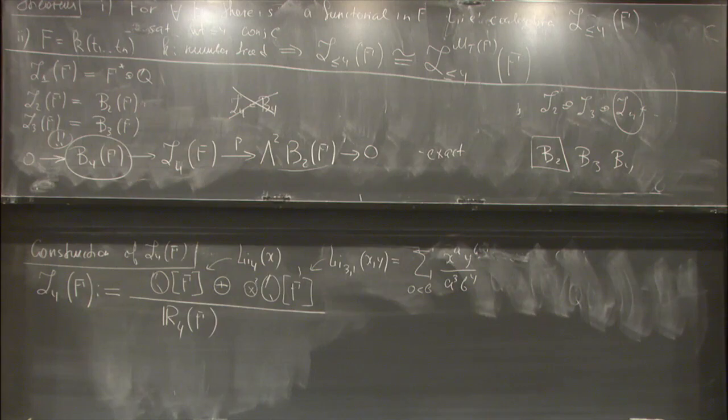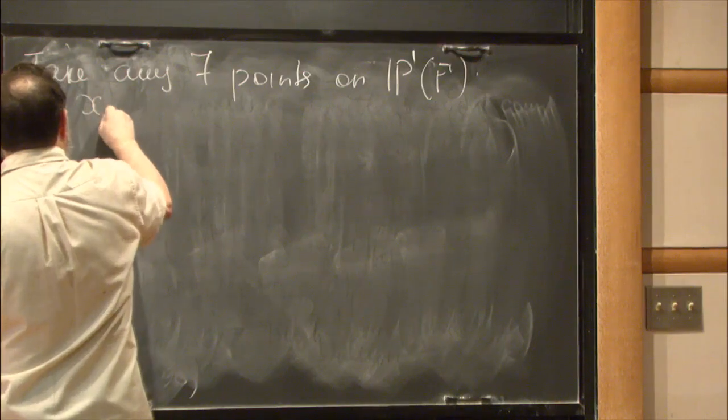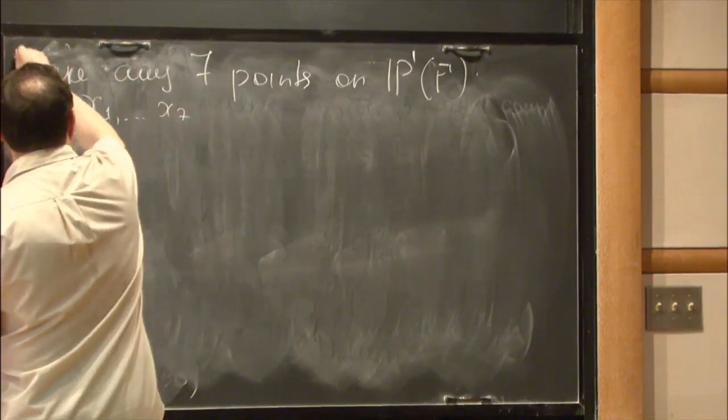The main of these relations looks as follows. We take any 7 points on the projective line over the field F. Let's call these points x1 and so on up to x7.